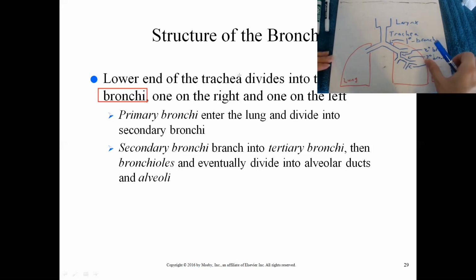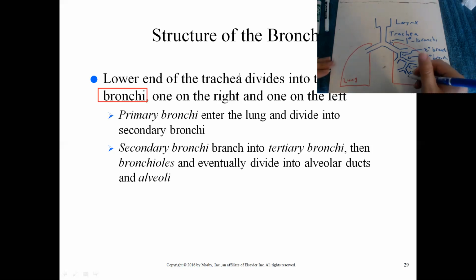I need some more room on here, so I'll write partially inside the lung. Split into bronchioles. The bronchioles splitting into alveolar ducts.